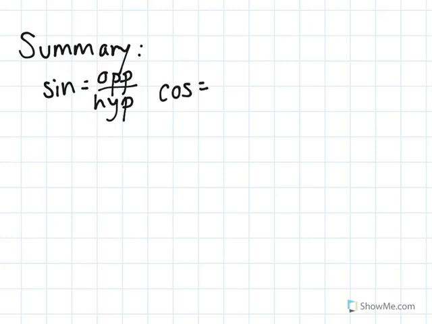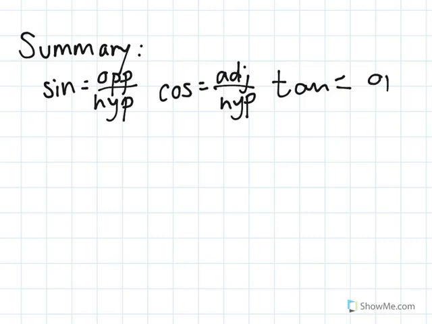So in summary for this video, we want to remember that in terms of a right triangle, sine is opposite over hypotenuse, cosine is adjacent over hypotenuse, and tangent is opposite over adjacent.